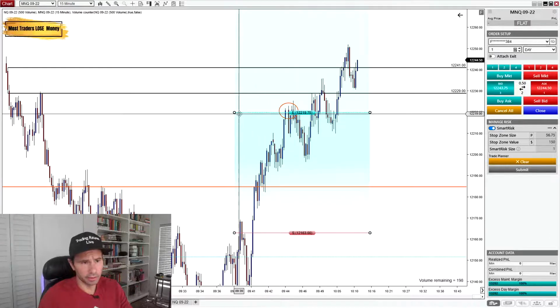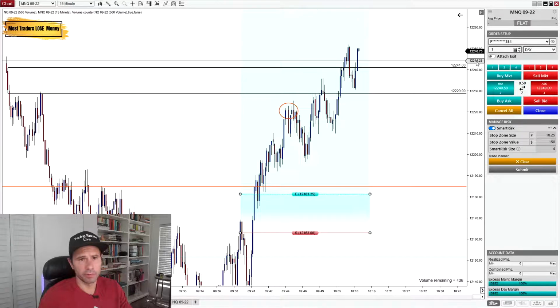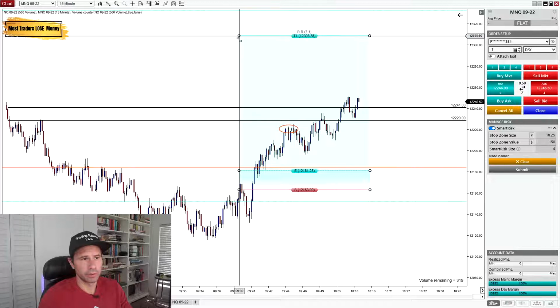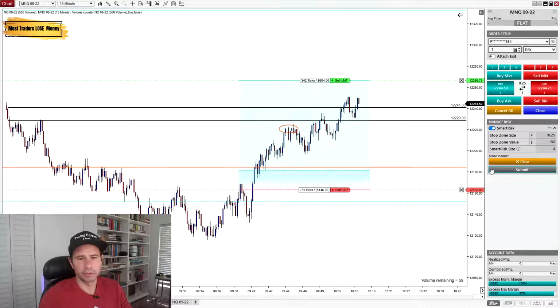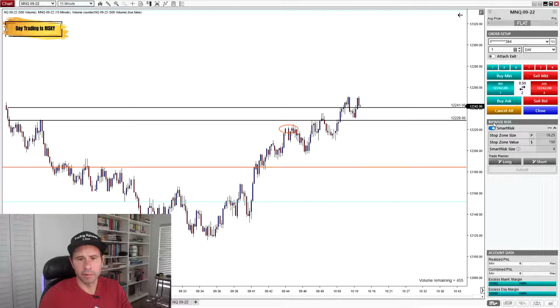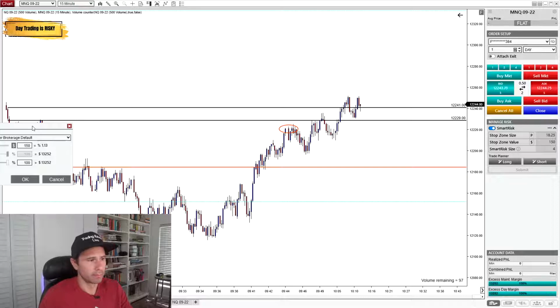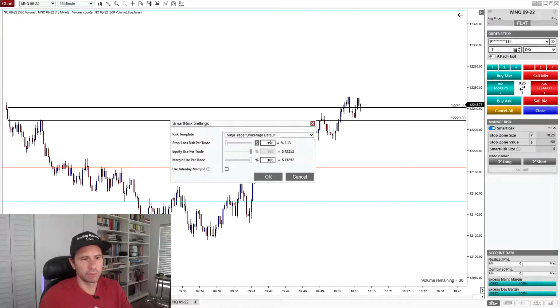It's pretty cool though. You can put bracket orders like how TradingView does it. You can set the orders right here and then cancel. It has a risk management tool called Smart Risk, where you set the max amount of money that you want to put into any trade.